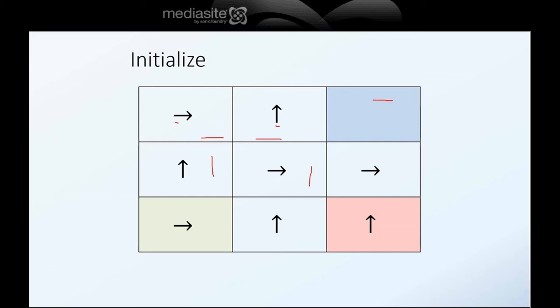Now this is the goal state. The blue square is the goal state, and we don't need to find an action for the goal state because we are already in the goal state, so we will assume that it's initialized to some very high value V of S, and we'll show the math from the next state onwards.